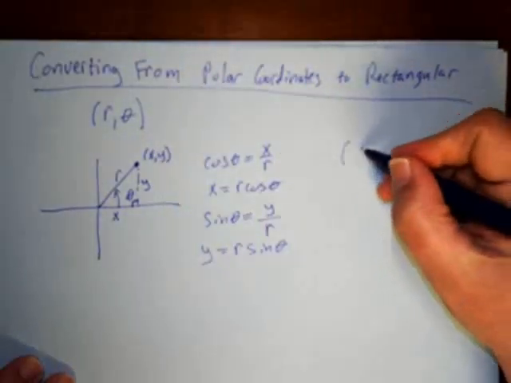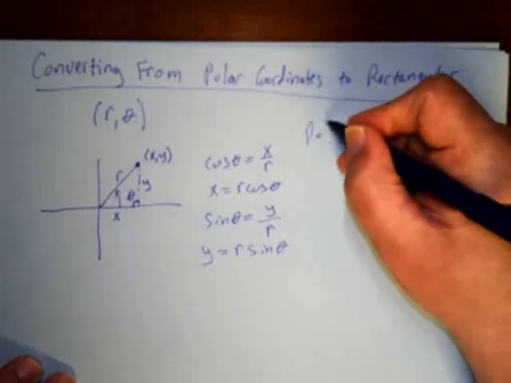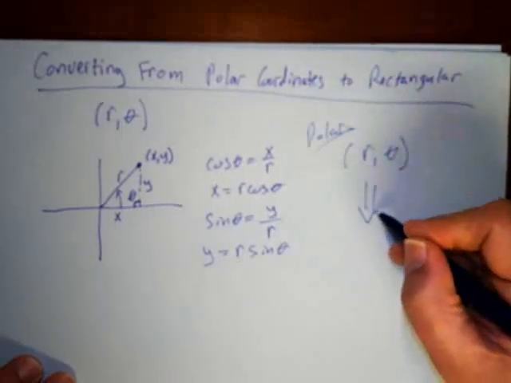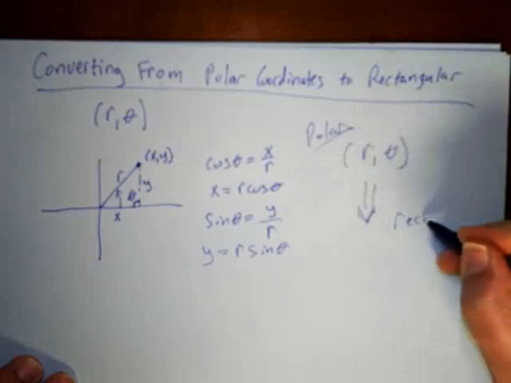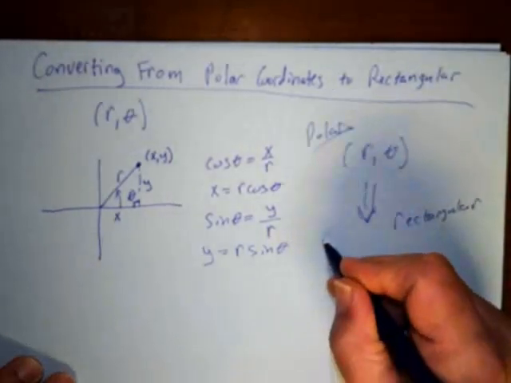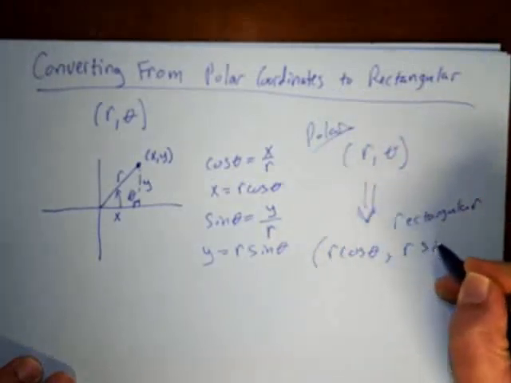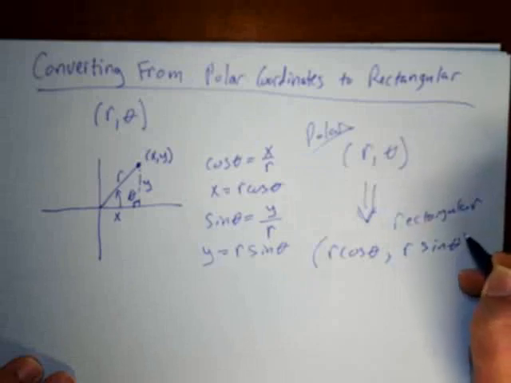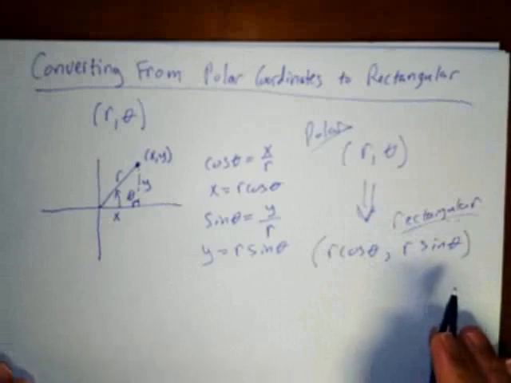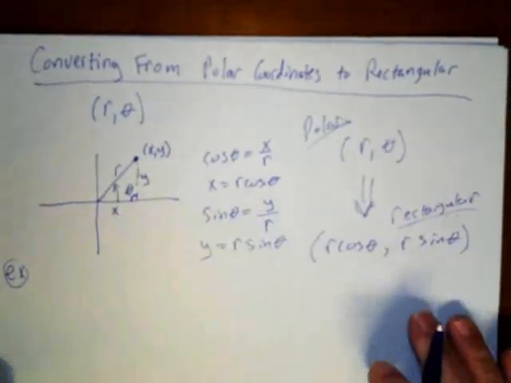One way you can think of it is, if you have r theta here, which is the polar, and you want to convert it over here into a rectangular, then the rectangular would just be r cosine theta, r sine theta. And that would give you your rectangular coordinate down here.